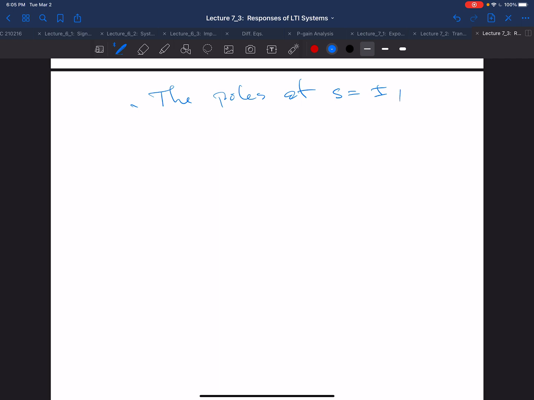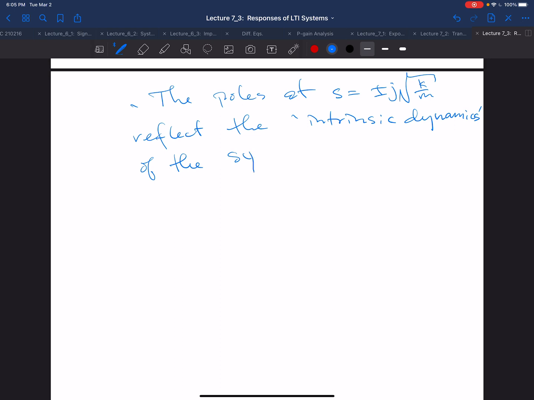So these poles at plus or minus j times the square root of k over m reflect what you might call the intrinsic dynamics. They don't result from the input, which is simply an impulse. In this case, those intrinsic dynamics correspond to a kind of physical resonance, because this is an oscillatory response. It's a sinusoid.